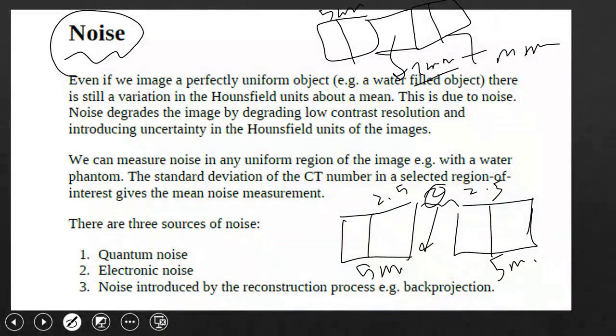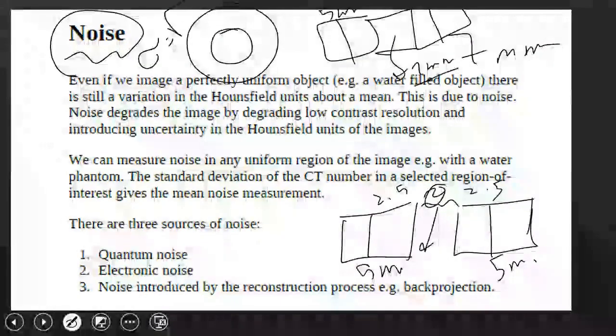As we mentioned before, noise is represented by standard deviation. When you want to measure the water phantom, you take a region of interest and calculate the standard deviation, which is the square root of the mean counts or the mean Hounsfield unit of that region of interest.